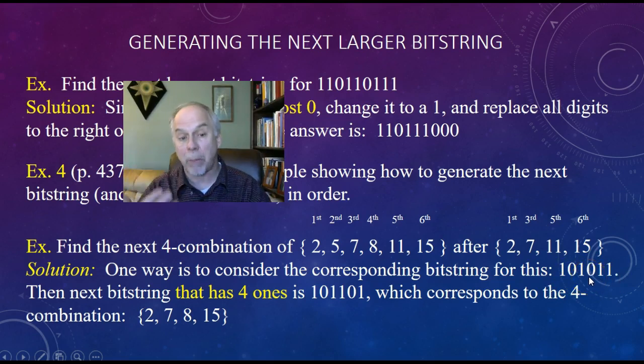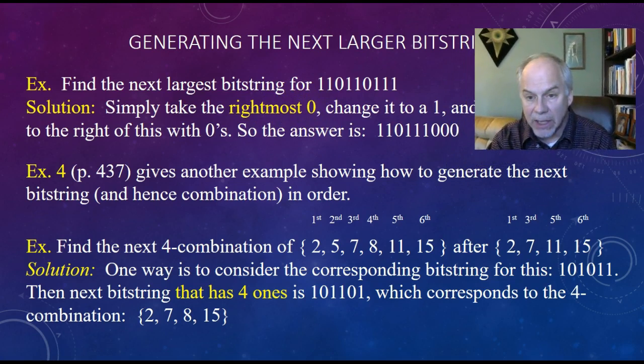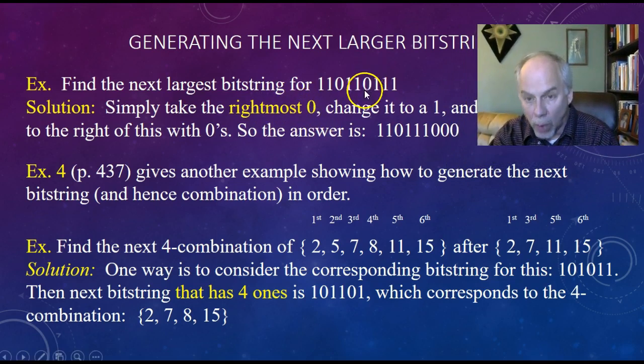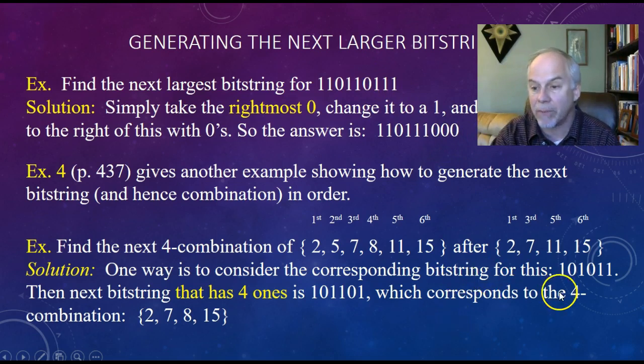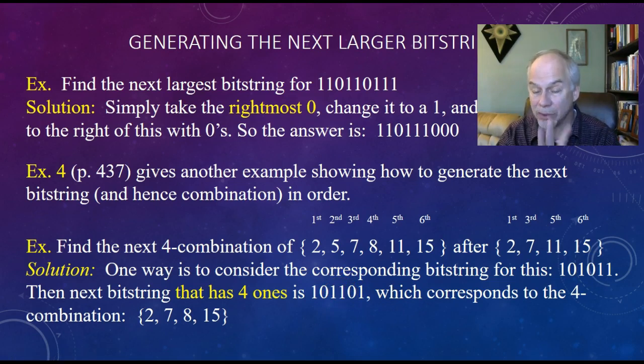Now, the next bit string higher than 101011 can be found by changing the rightmost 0 digit, just like we did up here. The rightmost 0 digit got replaced with a 1, and then everything after that became a 0. So similar to what you're doing here, you're going to change this 0 here, which is in the 4th position, to a 1. But you have to have 4 elements in your set.